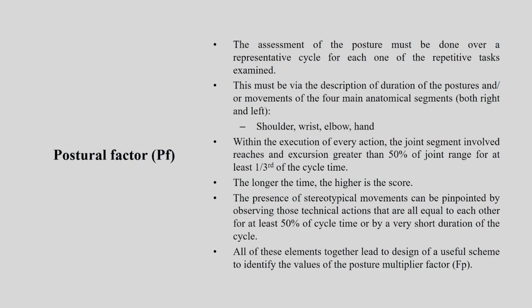Within the execution of every action, consider the joint segments that reach an excursion greater than 50% of the joint range for at least 1/3 of the cycle time. How do you calculate that?